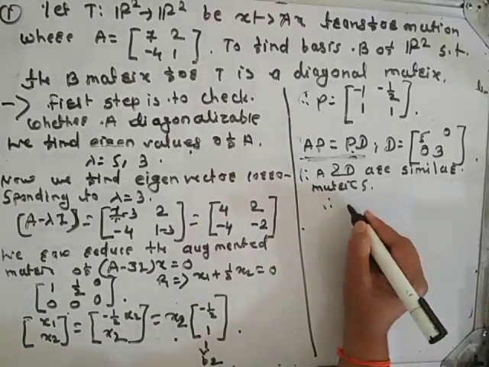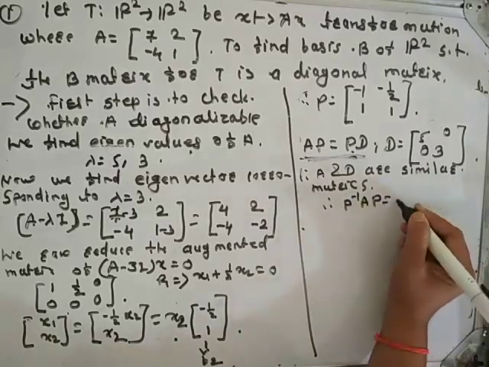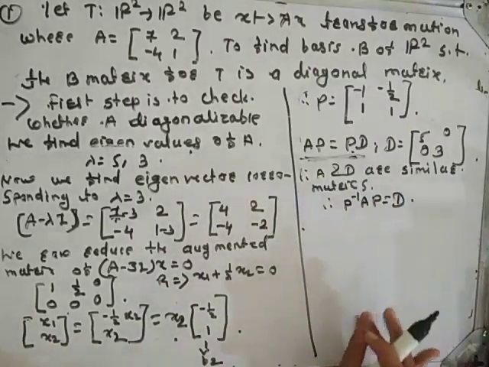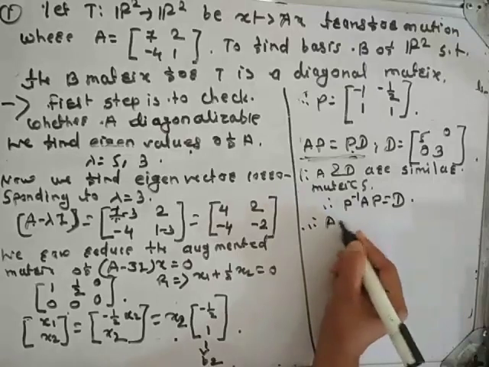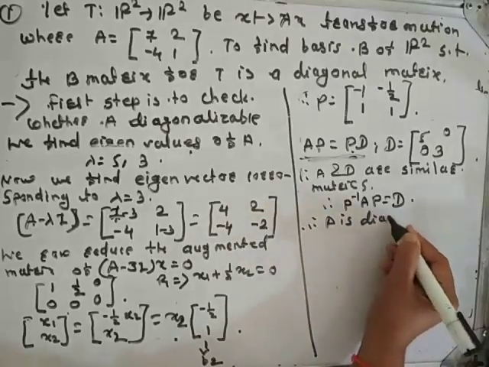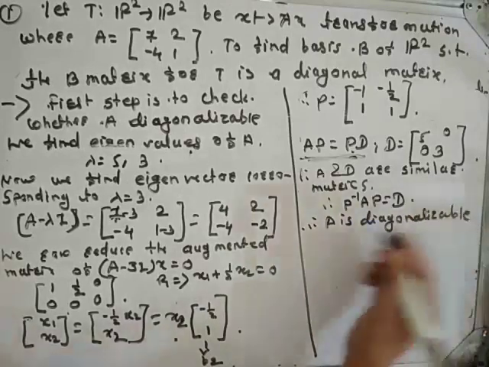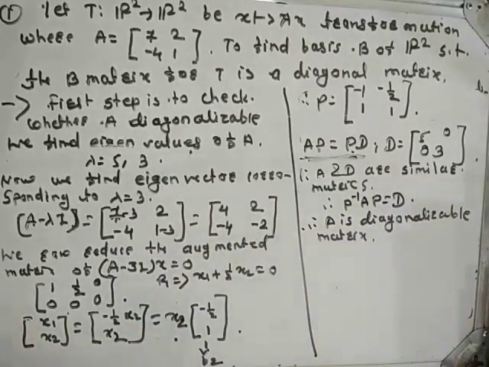Therefore, we get P inverse AP equals D. Therefore, we get that A is a diagonalizable matrix.